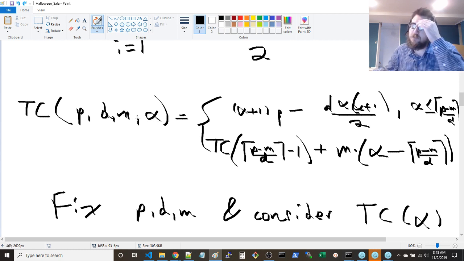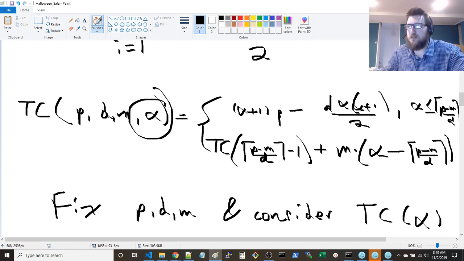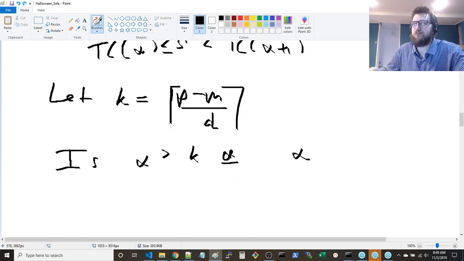I mean, it kind of needs to be integers, but anyway, not really. The p minus d doesn't need to be an integer. The m doesn't need to be an integer either. The only thing that really does need to be an integer is this one. But yeah, they could be doubles.